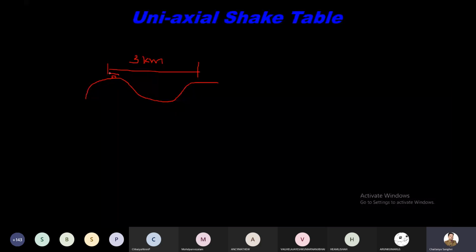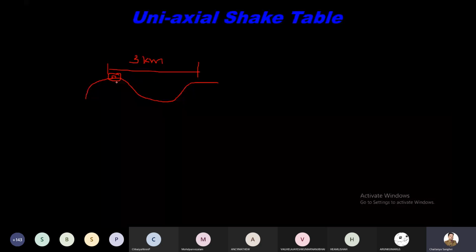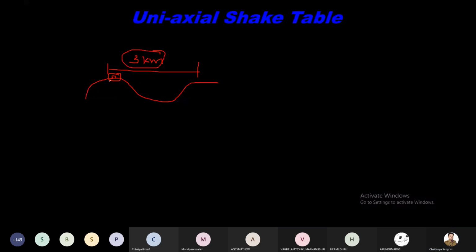This building has a number of foundations, and all the foundations are going to experience the same motion, because as compared to the wavelength of the seismic wave, the dimension of our structure is very small. This is 3 kilometers, while here the dimension is maybe 20 meter, 30 meter. It means all the foundations of your structure are going to experience the same motion, right?